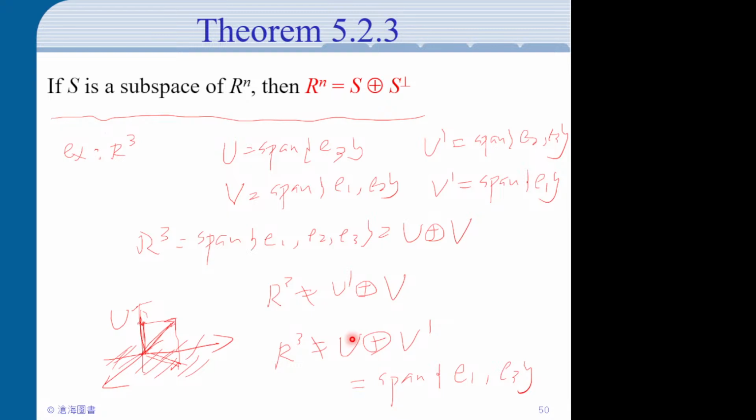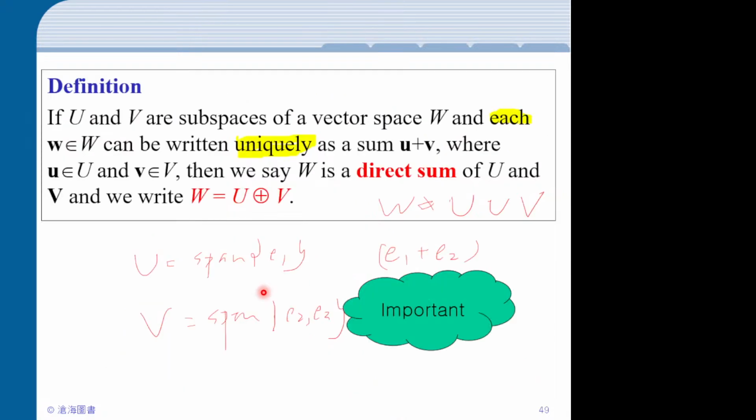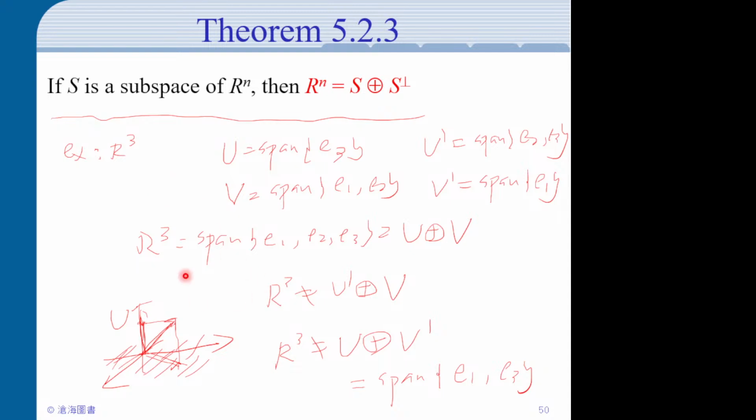So for those to be a direct sum, you want the bases to be linearly independent of each other, so basically no overlapping in the subspaces, so you have it uniquely. And also you want them together to span everything.